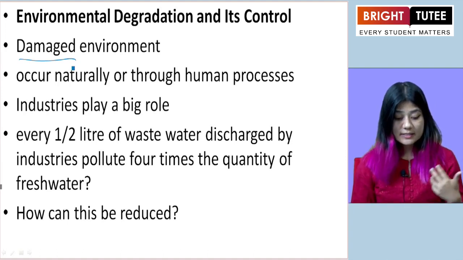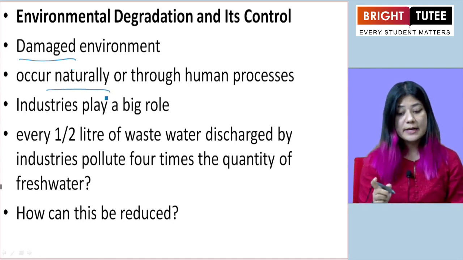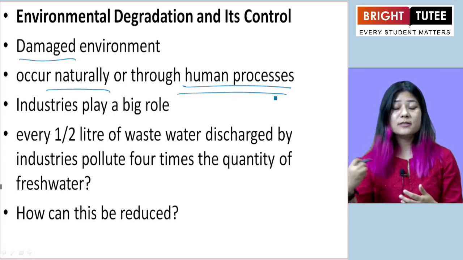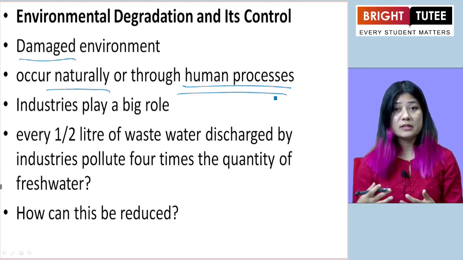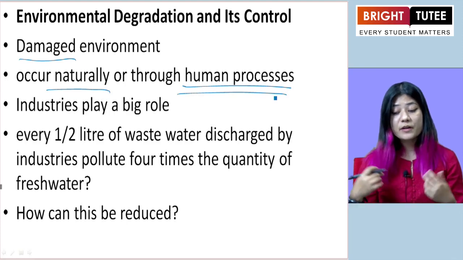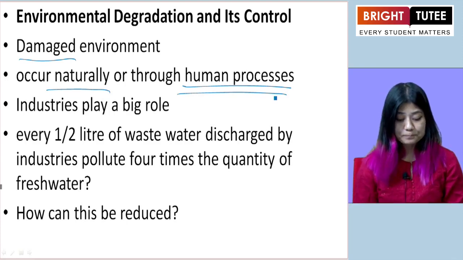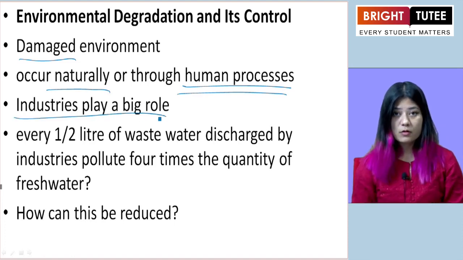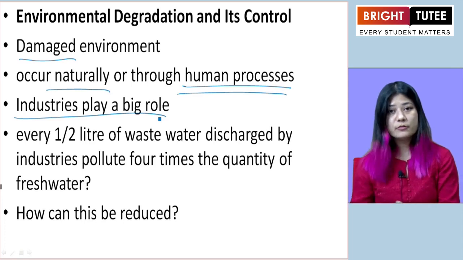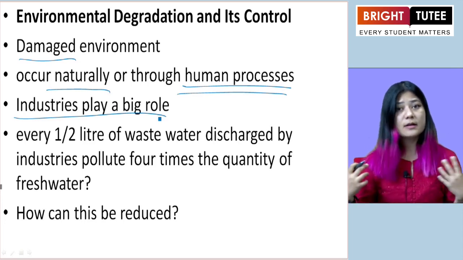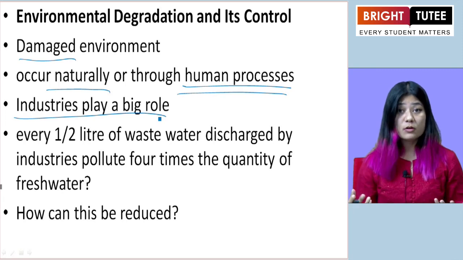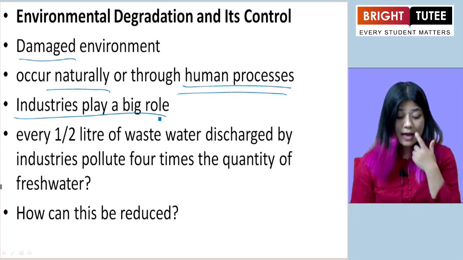Now, this damage occurs naturally sometimes, and sometimes it occurs through the involvement of human beings, through human processes. In this damage, the industries play a big role. Humans also pollute our land, we pollute the air, we take an active part in causing pollution, in damaging the environment, right? But the industries play a bigger role in it. You can see how.